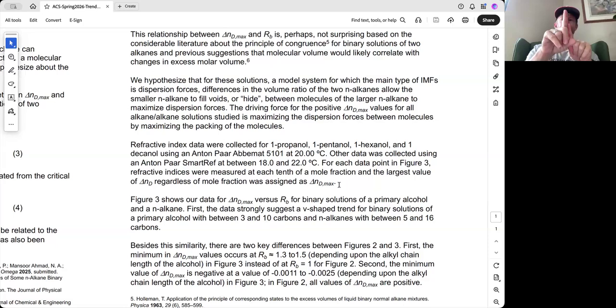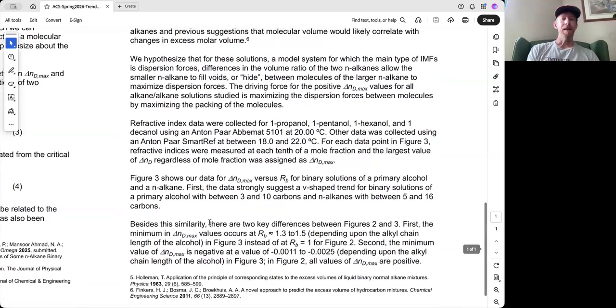As they get very different in chain length, it tends to go closer to the longer chain length. That is the maximum value of delta ND, what we call delta ND max, and it tends to be at a mole fraction of 0.7 of the longer alkyl chain length, to use the term we've been talking about.